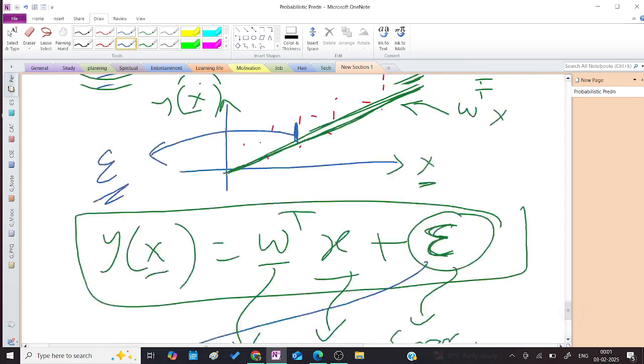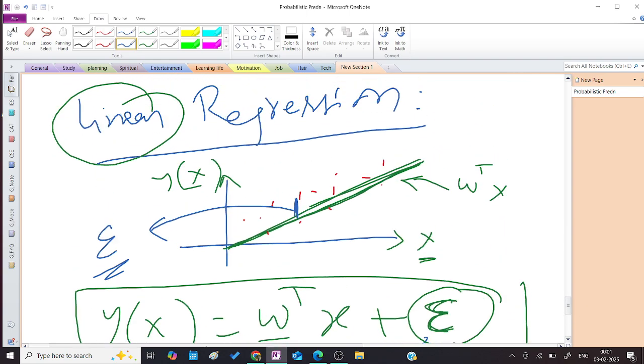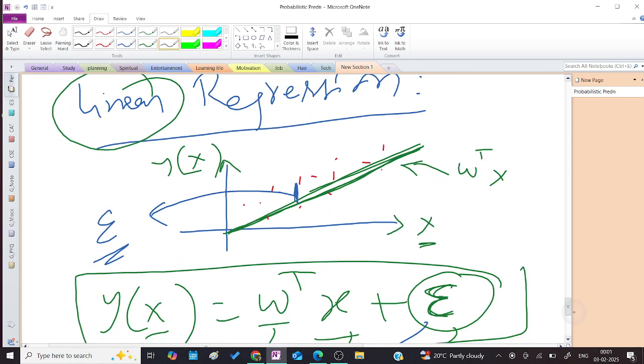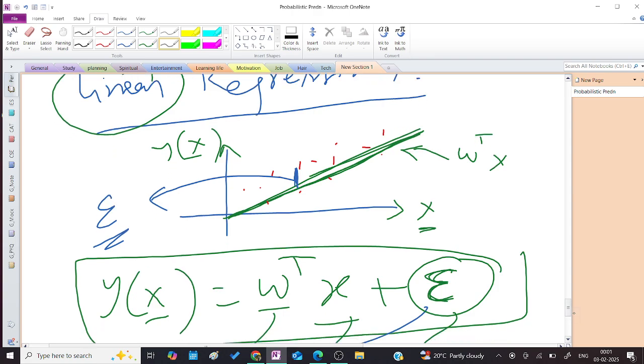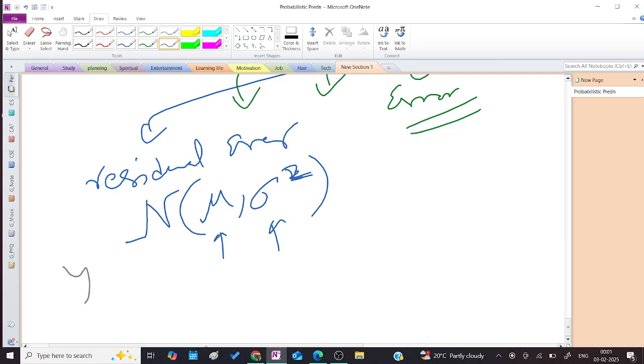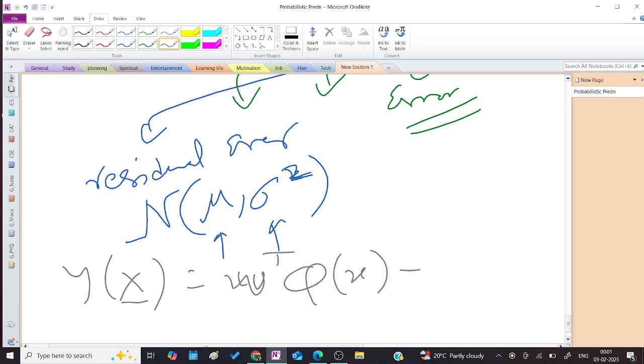So yeah, one more thing, we can definitely represent a non-linear relationship by just changing the formula. The new formula will be y equals w transpose phi(x), okay, plus error.